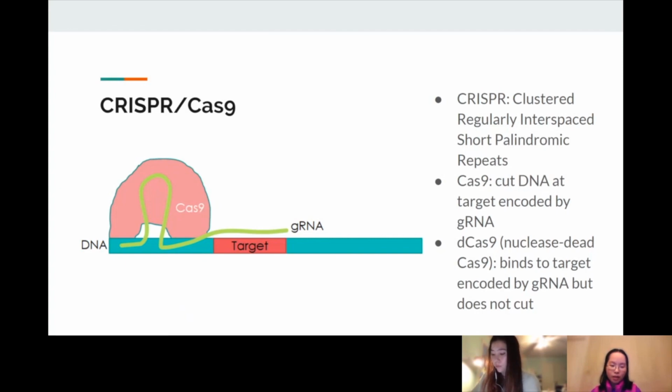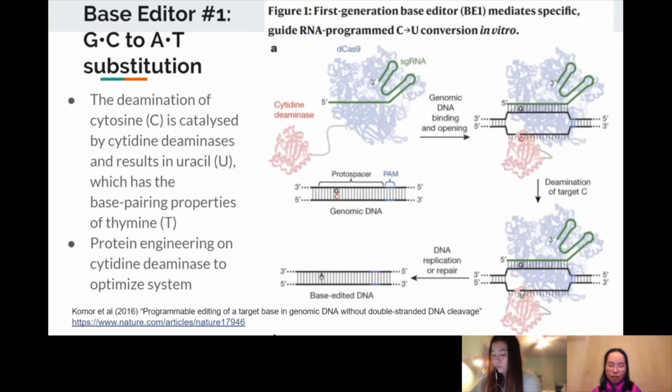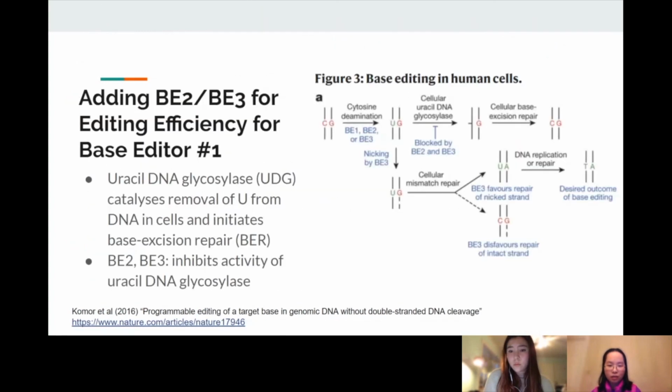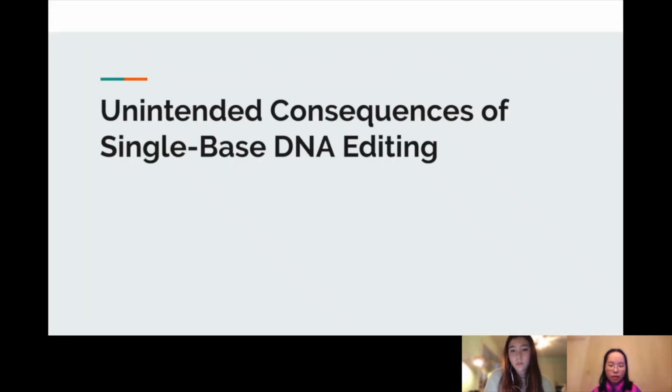In this case, with this new system of the cytosine deaminase and the different base editors, it's hard to say exactly how significant the off-target activity is. So this is a case where you're not going to know how much off-target activity you're going to get until you actually create the system. But this is a risk, and we'll take a look now at these unintended consequences, these off-target effects.